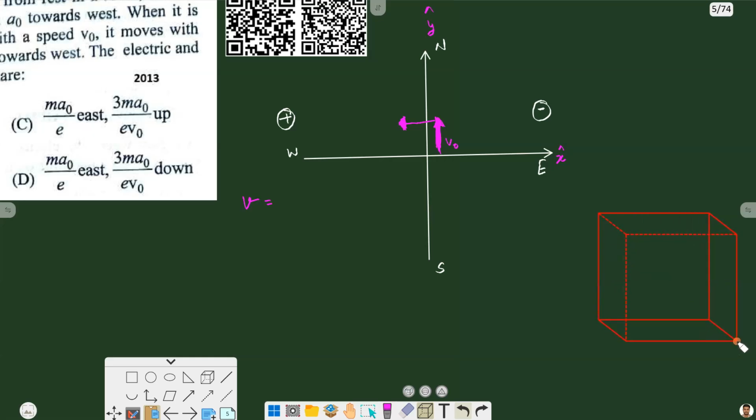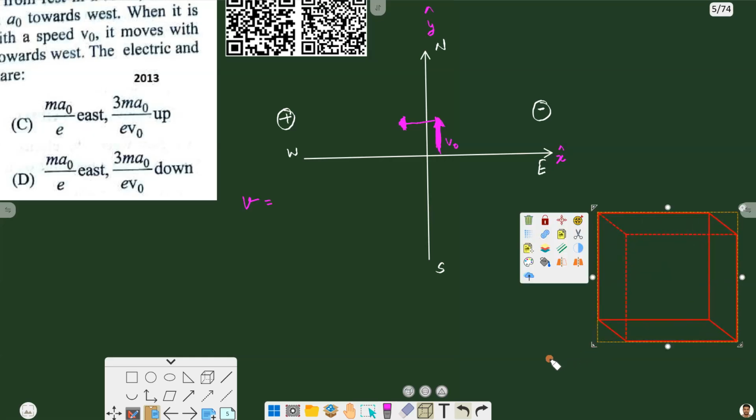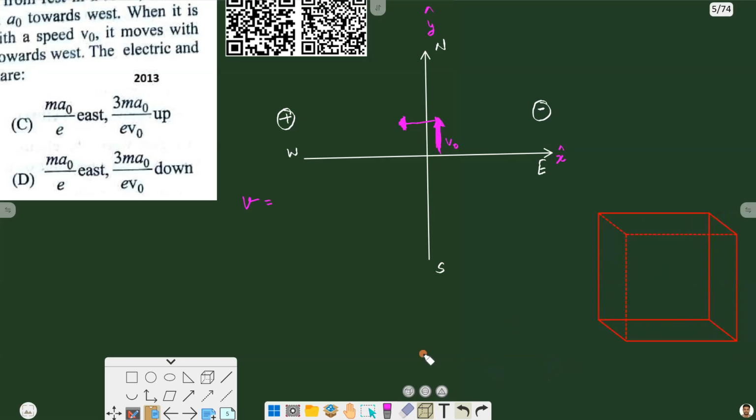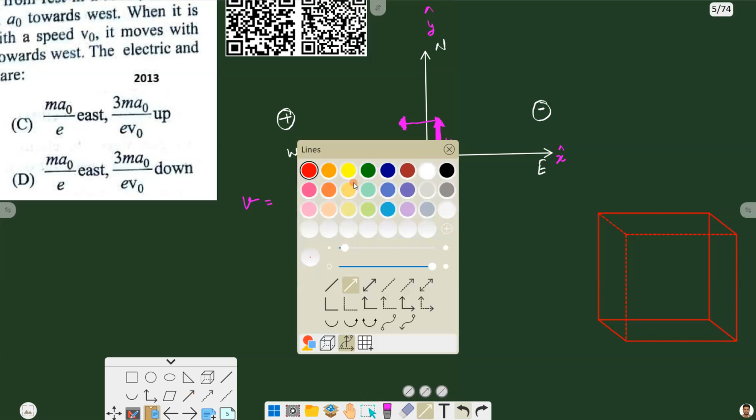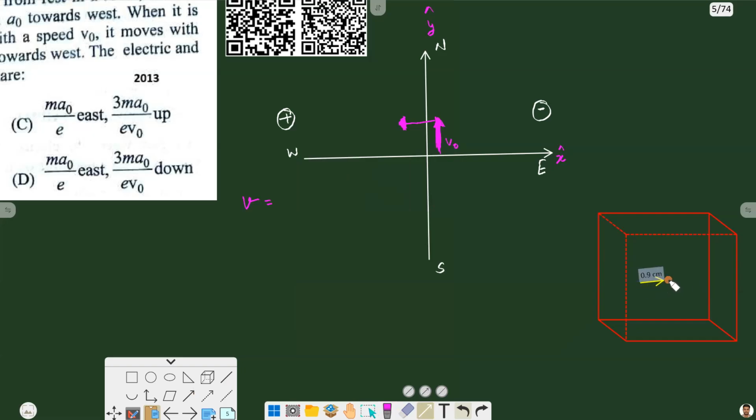Suppose this is our room. These are our sides. So this is our east direction, this is our west direction, this is our south direction, and this is our north direction.